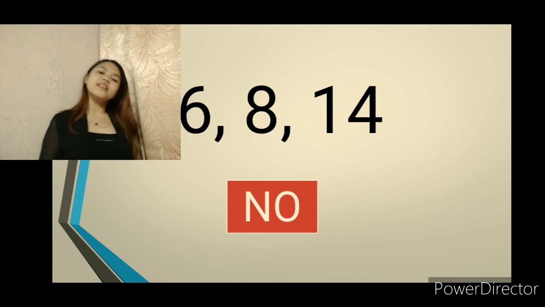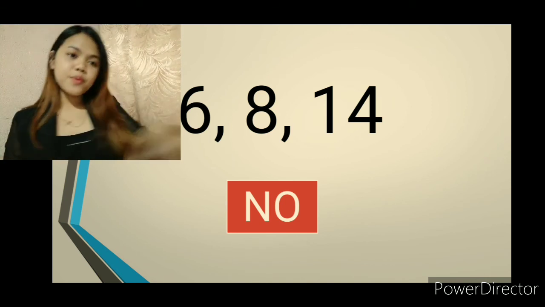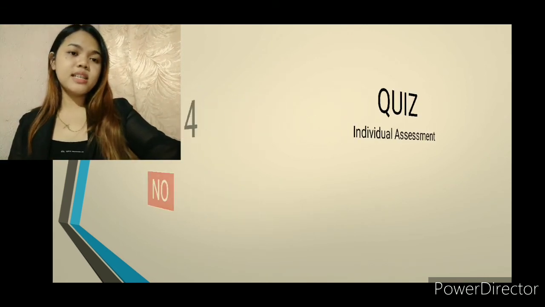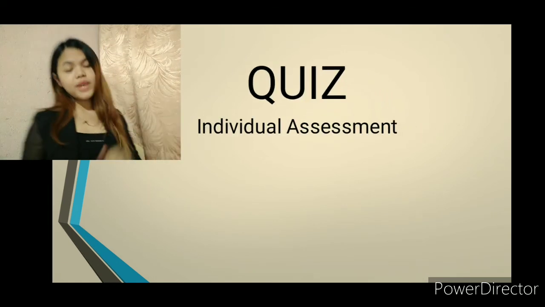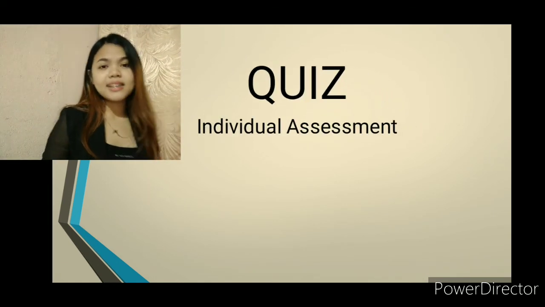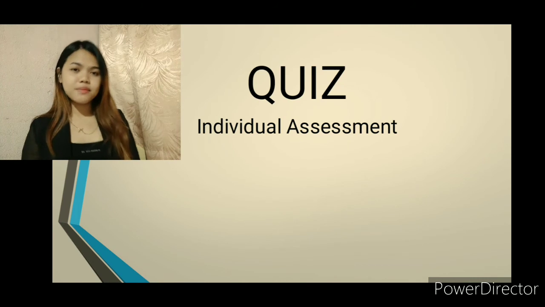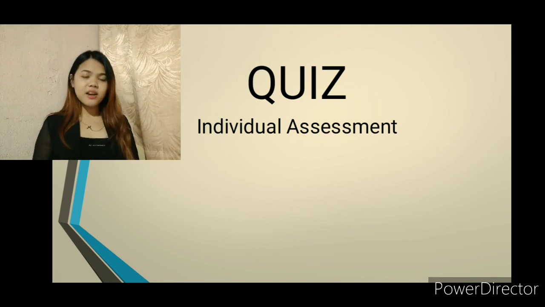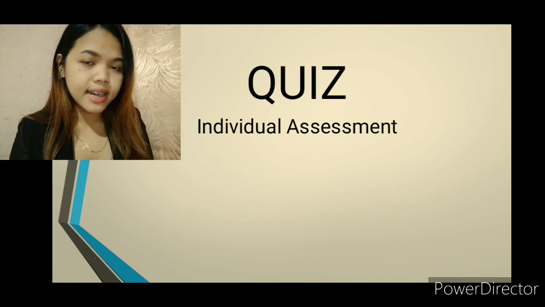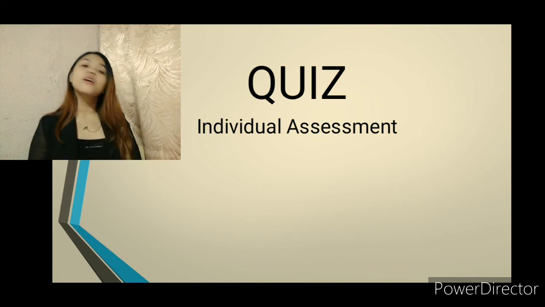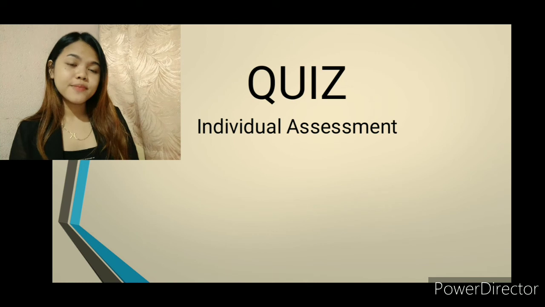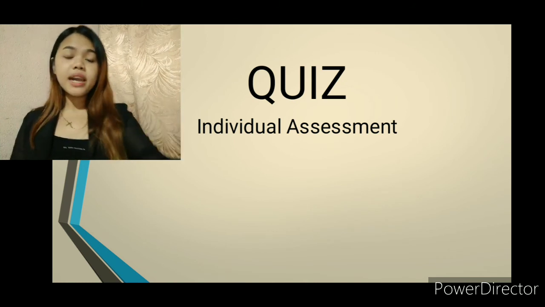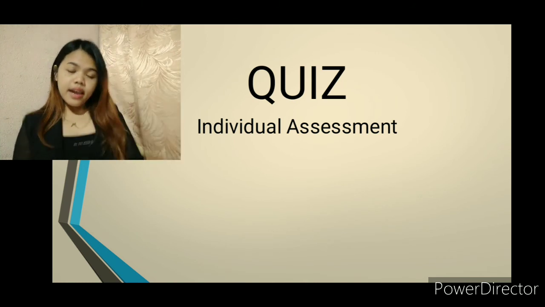Okay, very good. So now, class, we will proceed to our quiz. This time it's an individual assessment. So I want you to get 1/2 sheet of paper crosswise. Again, 1/2 sheet of paper crosswise. I want you to copy and answer.